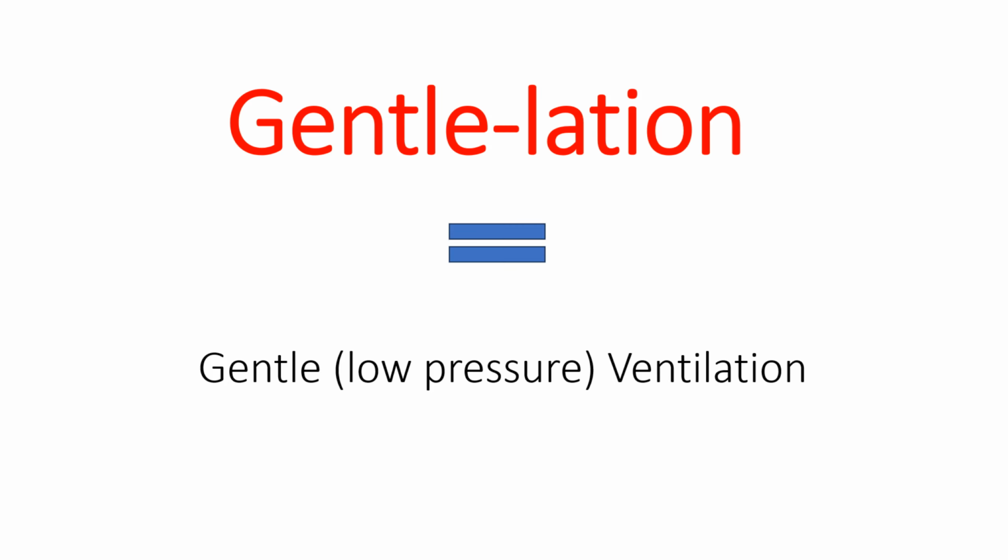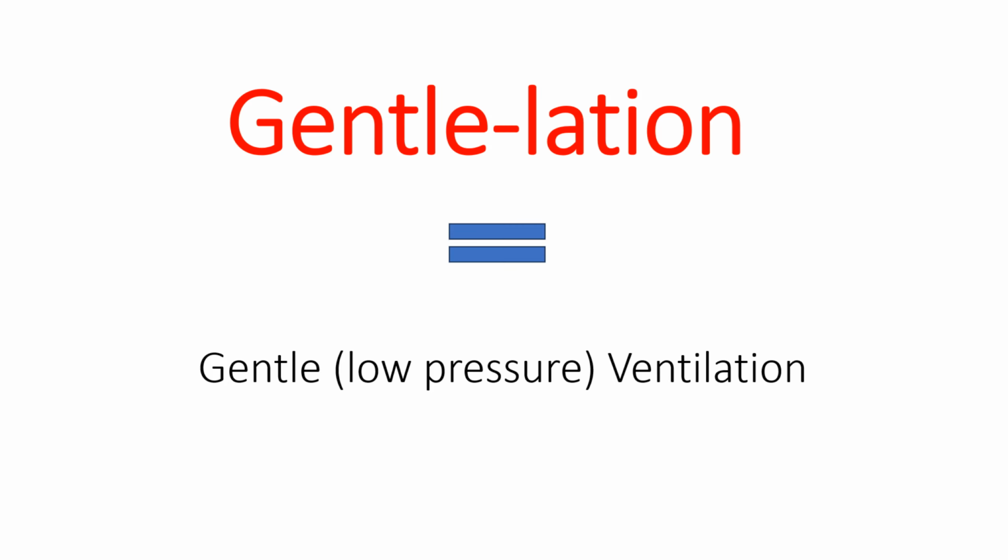So now, what about mask ventilation during a rapid sequence intubation and induction? Well, the classic RSI avoids mask ventilation because of the risk of gastric distension, which can lead to regurgitation and aspiration. But there are certain times when I would still mask oxygenate or gentilate. And this is the first time we've used this term in the Airway talks, which is gentilate or gentilation.